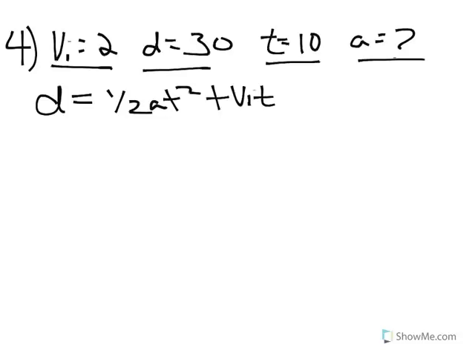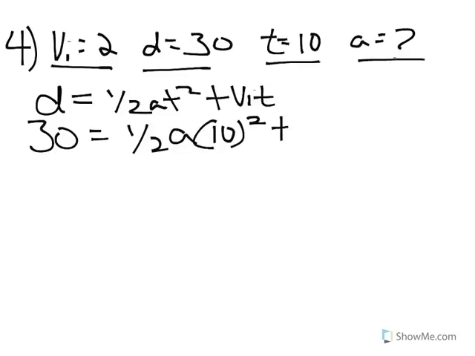So distance is 30 equals 1/2 times a. That's what we're looking for, so we just leave it blank. 10 squared plus 2 times 10. Notice we have an initial velocity this time, so this term does not cancel out. This term is 2 times 10.